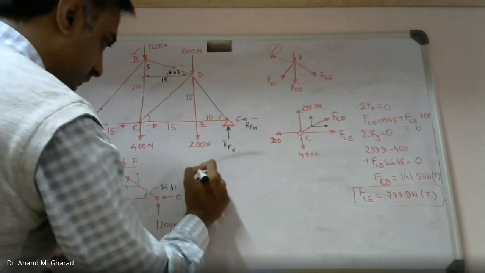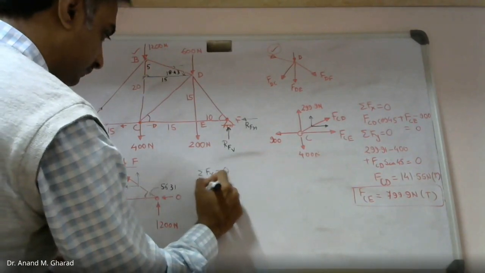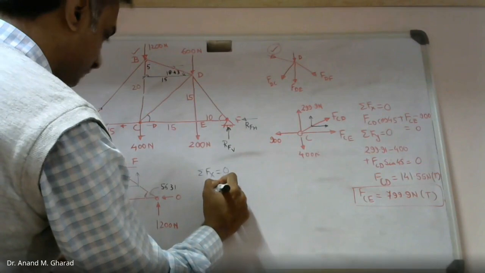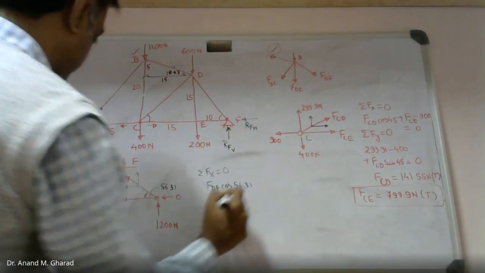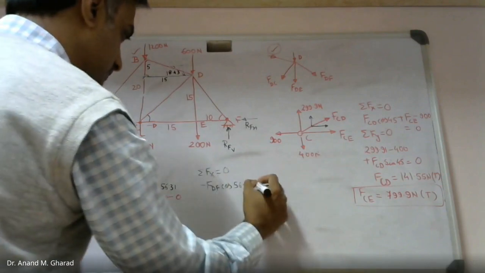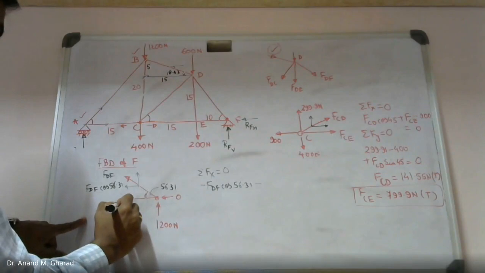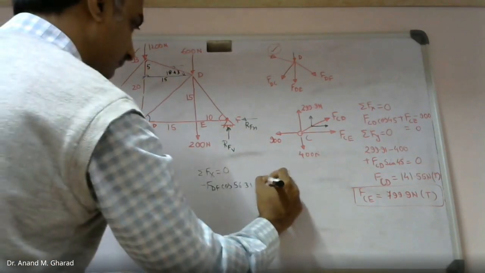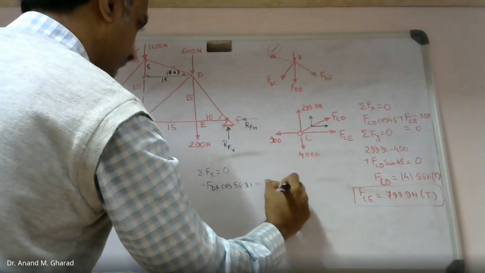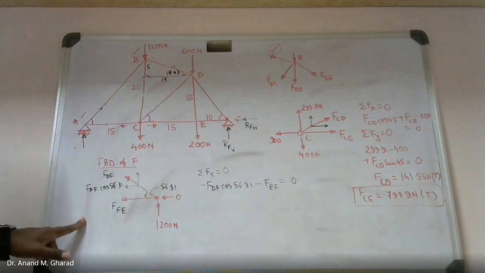Make use of that. Summation of force in x direction equal to 0. FDF cos of 56.31, which is in the negative direction, and force in member EF, negative, equated to 0.